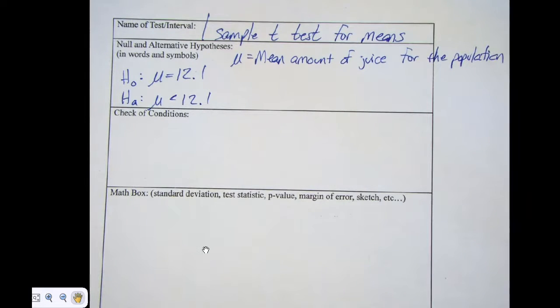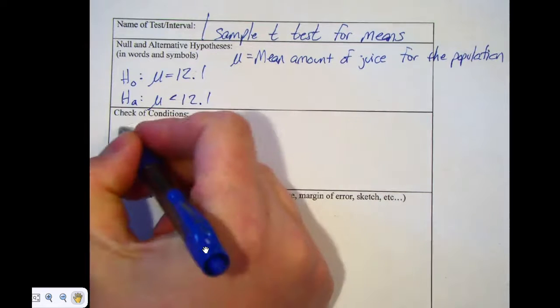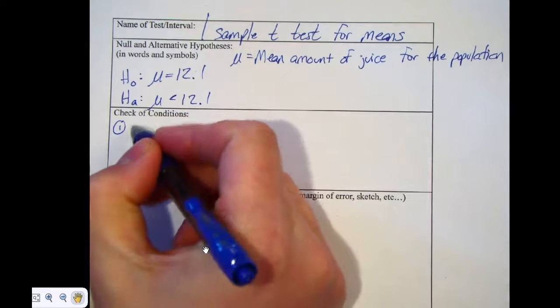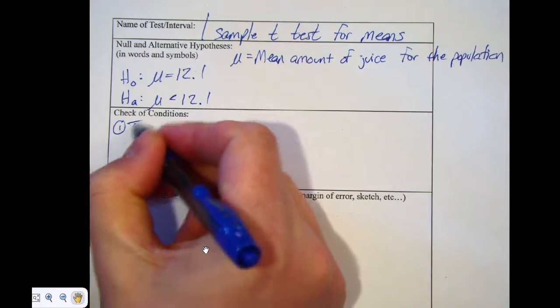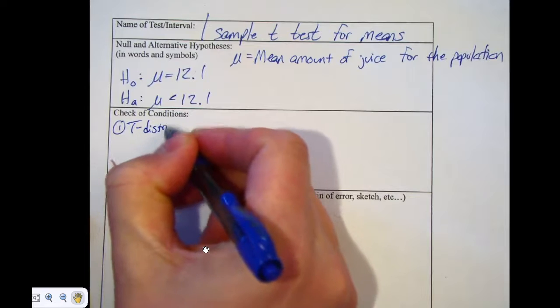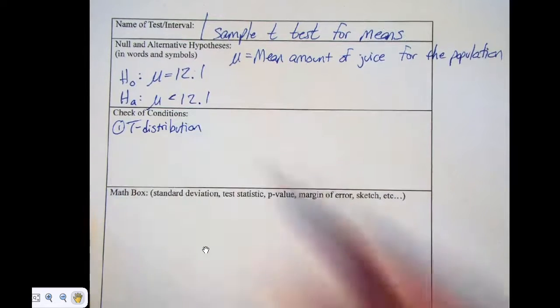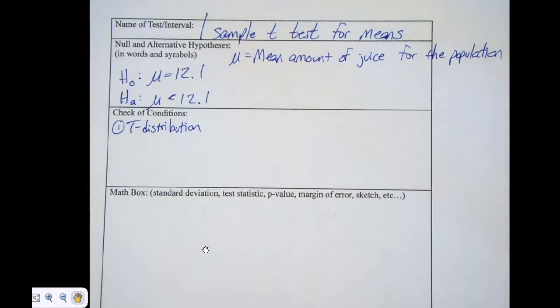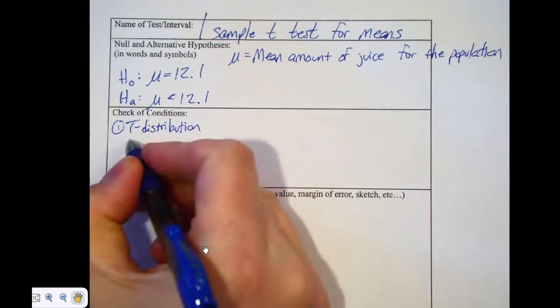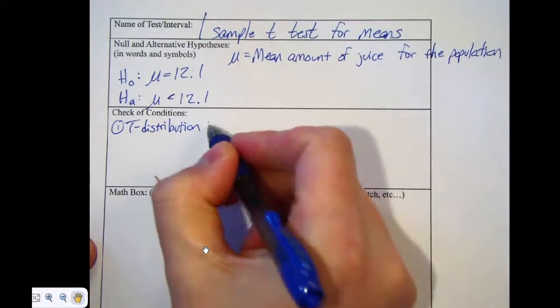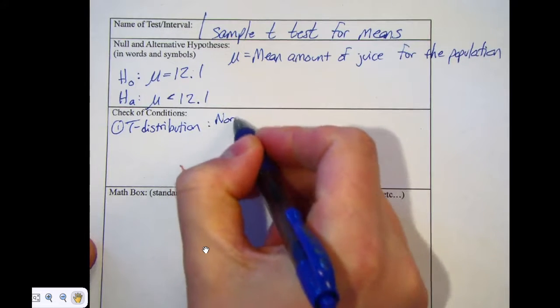The second box, you're putting the check of conditions. There are 3 things that we're looking for here. One is that we can use the t-distribution. I know that you don't know what that is yet. That's one of the things I'll follow up with, and we'll break down what all this stuff is. There are 3 ways that you know that you can use the t-distribution. So you need one of these. You need a normal population.